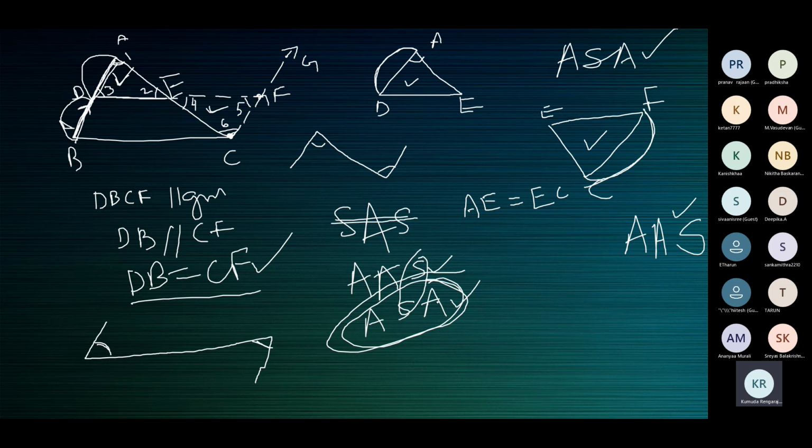You have only five congruence criteria, so keep eliminating whichever is not possible. Like you don't have three pairs of equal sides, so you cannot use SSS. Like that, eliminate the congruence criteria. You will be left with one or two. And here we are left with two, AAS and ASA, and we prefer ASA.